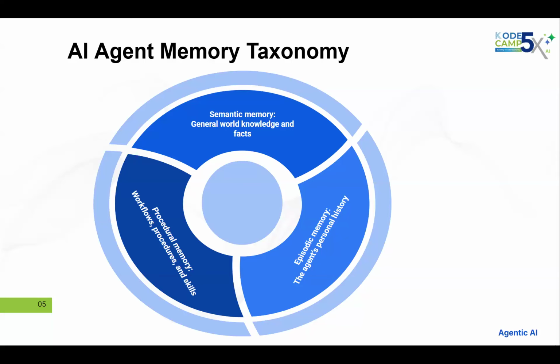So if it has done this before, this way, and there was a failure, and then it did it this other way, and there's success, it learns that this last way is the correct way to achieve that intent. And so if that knowledge is persisted, it forms procedural memory.